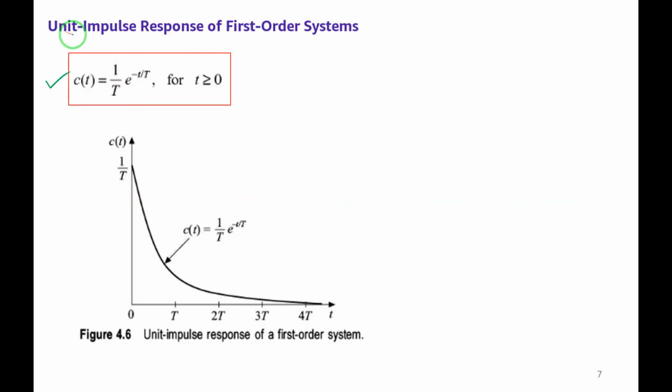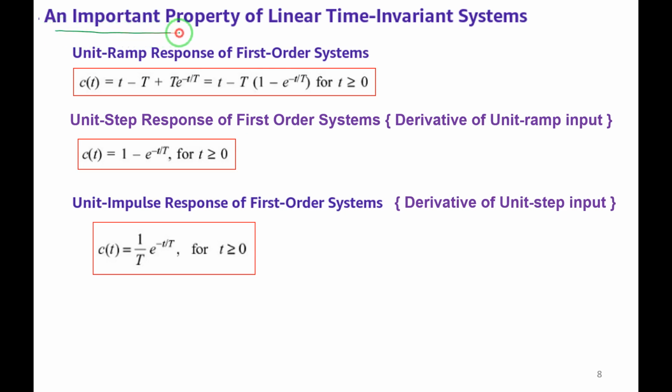Next, with respect to all the responses we have seen, we'll compare. There is an important property of LTI system, linear time invariant system. If the system is time varying or non-linear, then this property does not hold good, whatever we are discussing right now. It is applicable only for linear time invariant systems. Just now we have seen the unit ramp response of first order system.